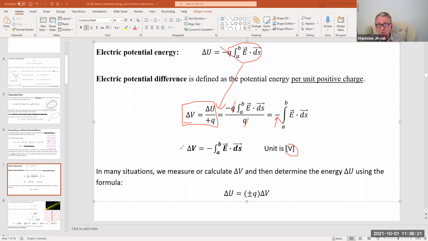Today we will be calculating the change of electric potential, delta V, for different electric fields.